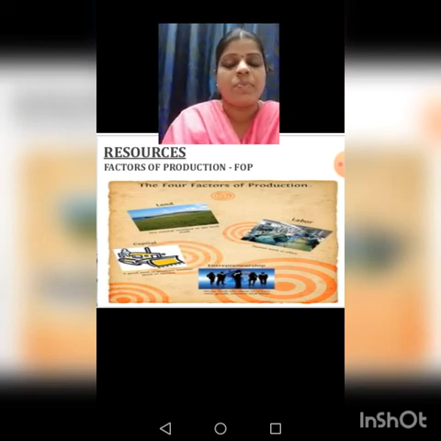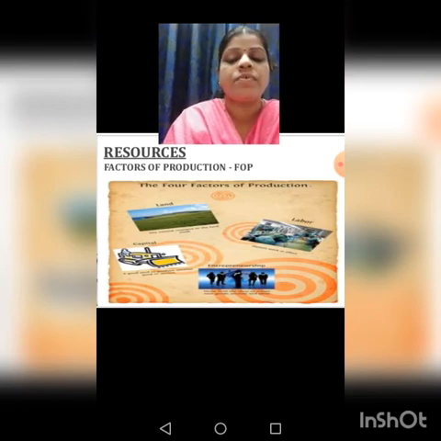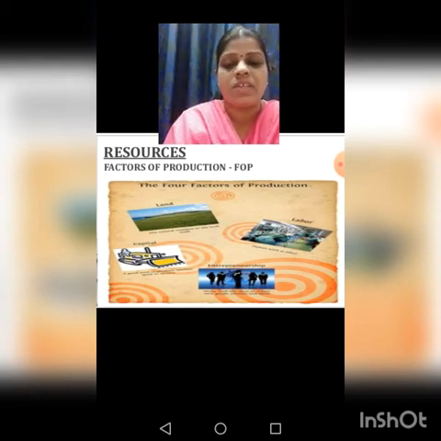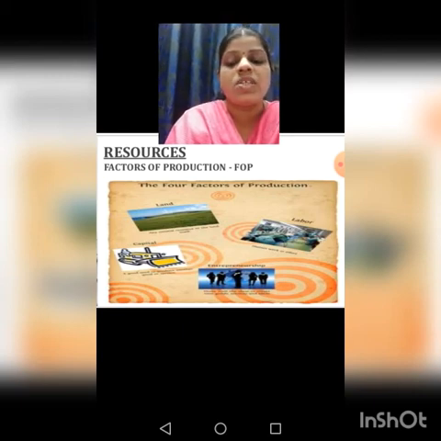Entrepreneurs undertake the activity, and they take risk also. They will do such processes and reap profits from such activities also. So these are the 4 factors of production.